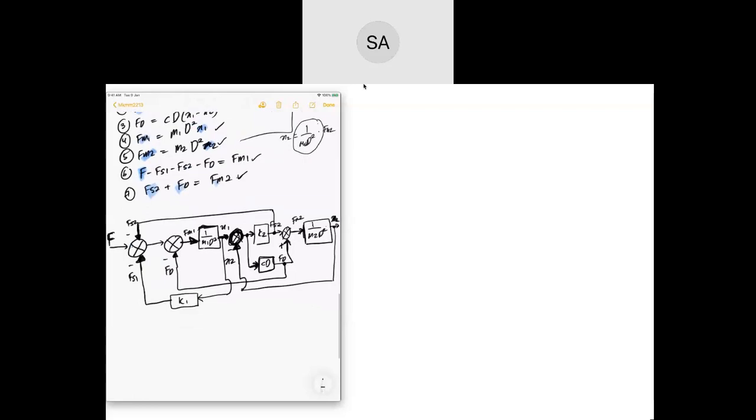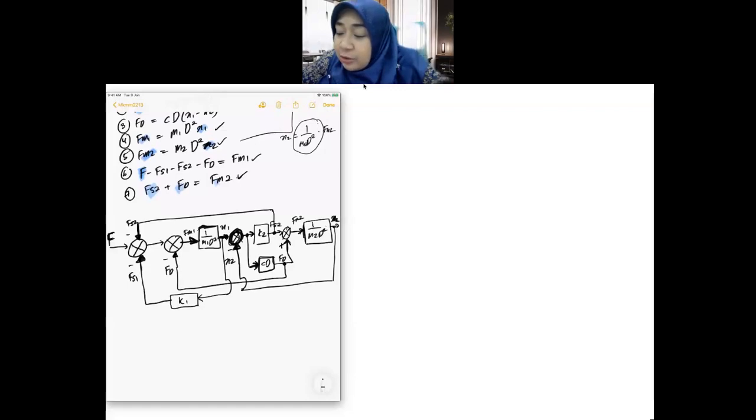I will give you other block diagrams later on for you to do a little bit of exercise to refresh your memory on block diagram drawings, and also the mathematical modeling of mechanical systems. I'll give a different mechanical system so that you can have a try on your own how to draw the block diagrams. This will be one of the exercises for today. I will give it later after this class.